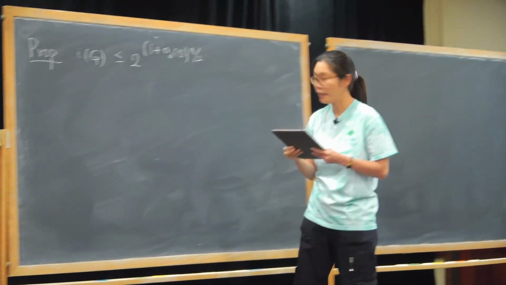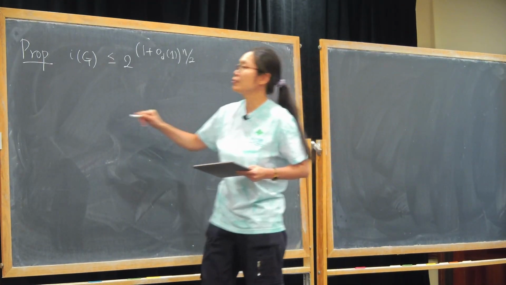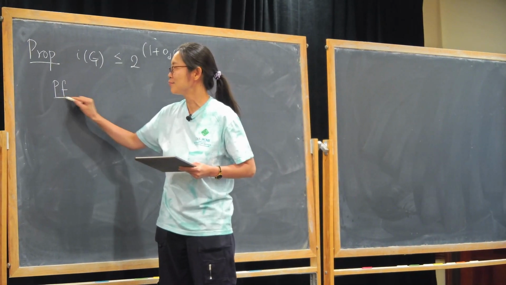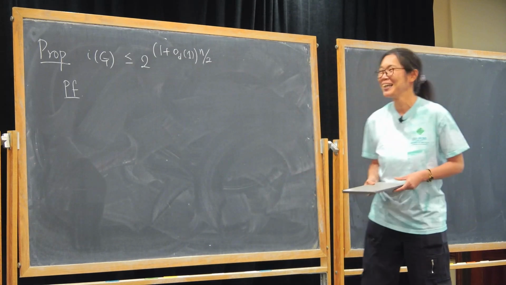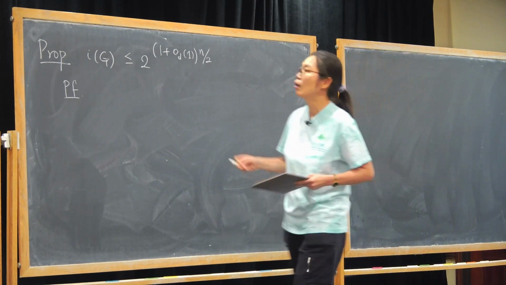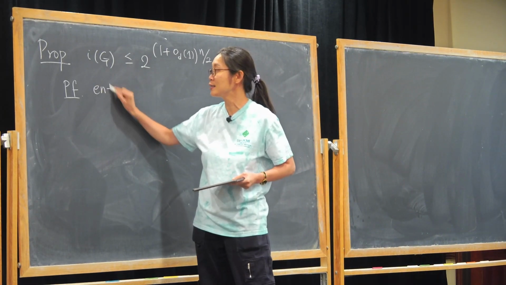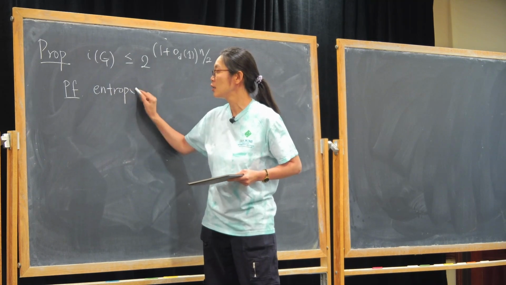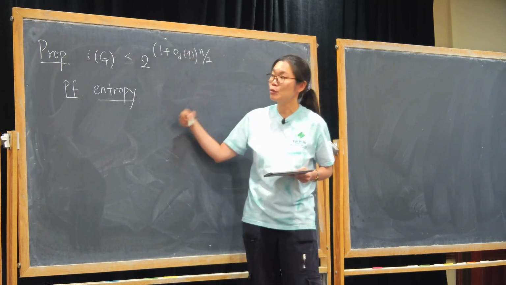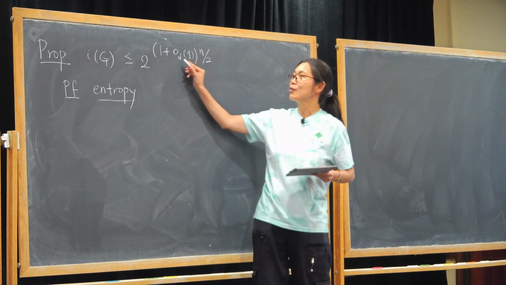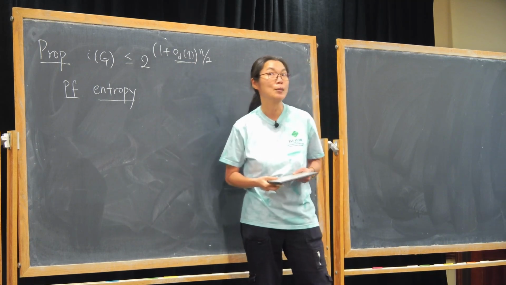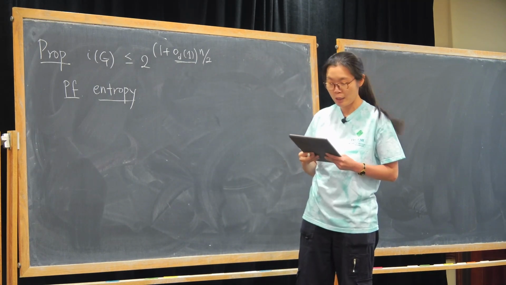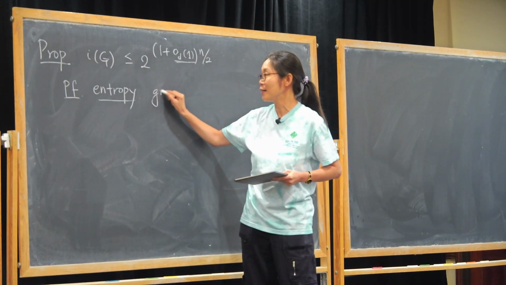Okay? And there are at least 2 proofs. One, we can use the entropy method to prove this bound. If you use the entropy method, then this little o of 1 term becomes big O of 1 over D. And we can also use the graph container method.